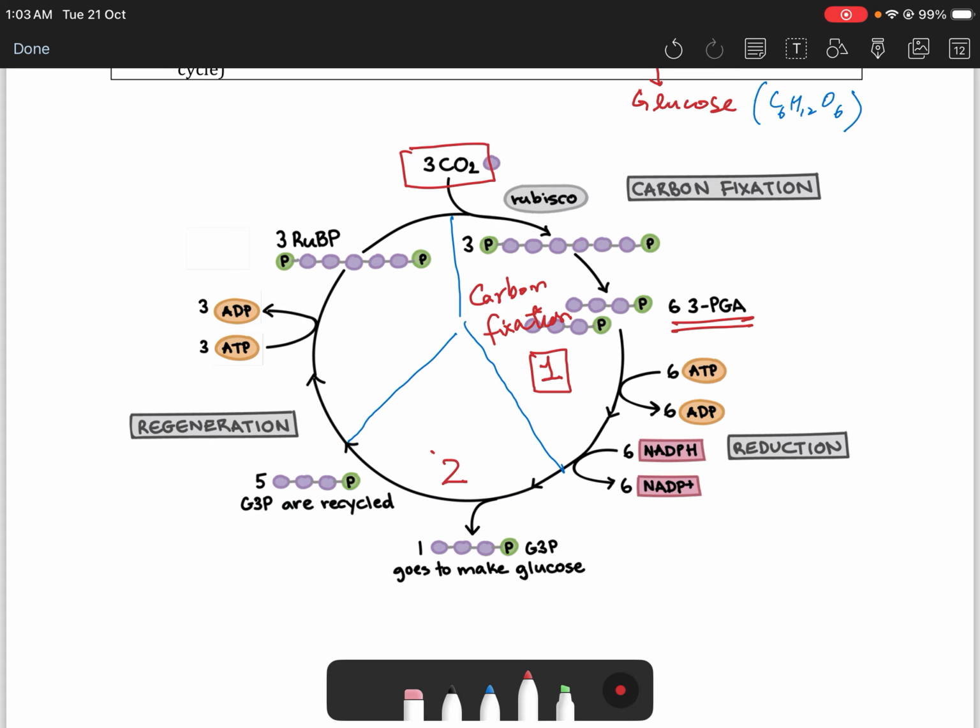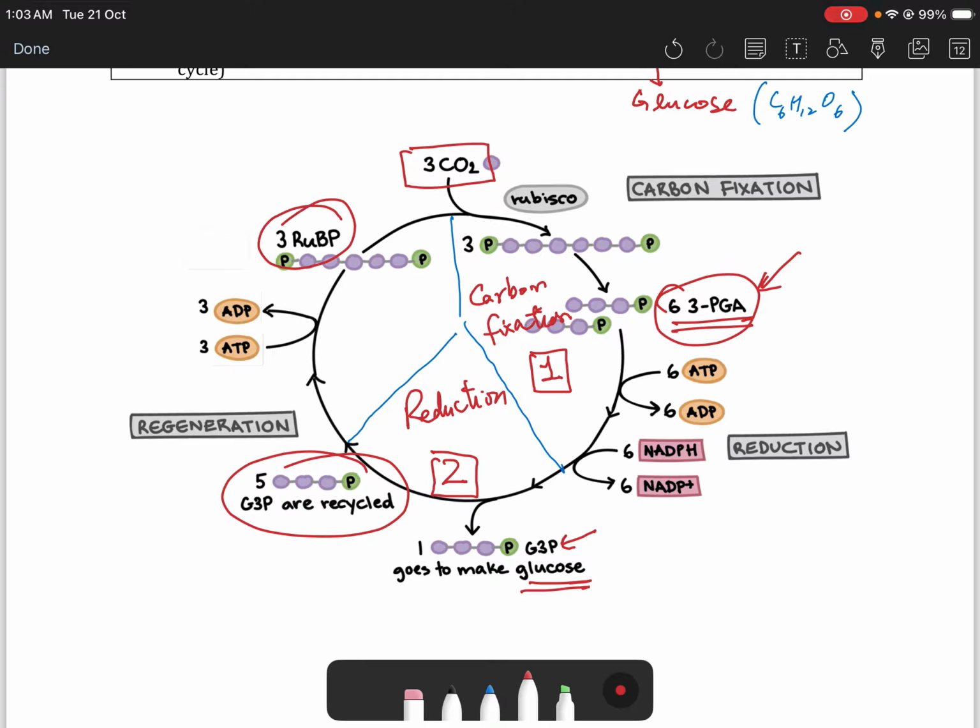When we go to step number 2, it is called reduction. In this process these carbon molecules rearrange so that the carbon molecule can be recycled, and at the same time you produce G3P, a 3 carbon compound. Not all of these are recycled back into RuBP, but some leave the cycle as G3P.